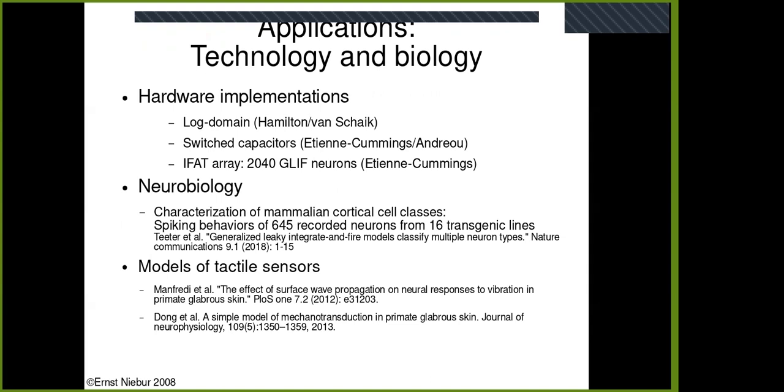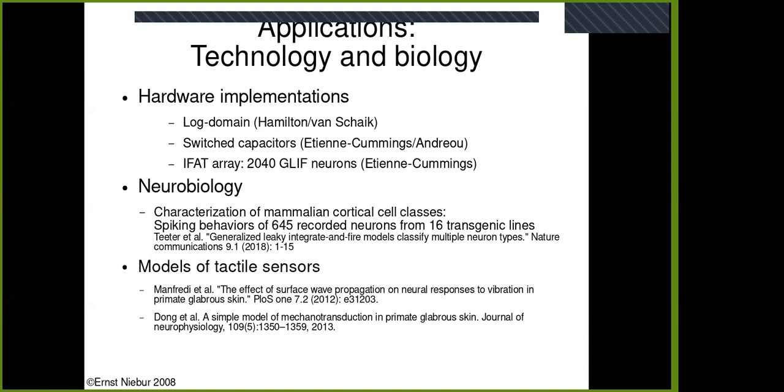The other thing I mentioned at the very beginning, I think it's my last slide actually. No, I have a summary slide. It's also used in biology. As I mentioned, Stefan is now at the Allen Institute, and they have these huge databases with a lot of anatomy and circuitry, but they also have physiology. They characterized spike behavior of several hundred different genetic line cells from mouse cortex, and found that it fits this model's behavior.